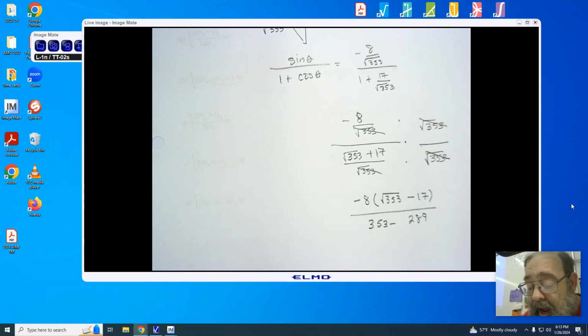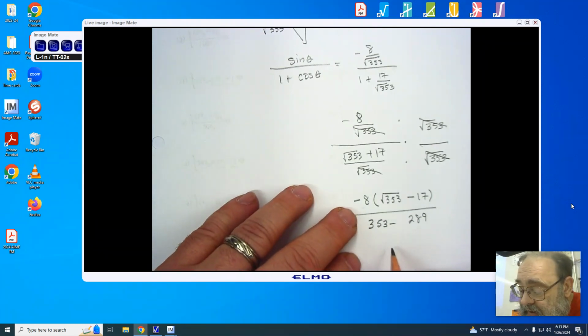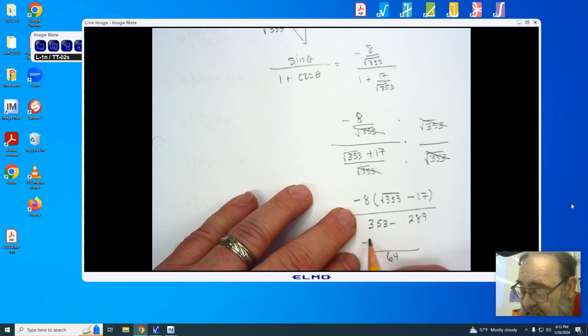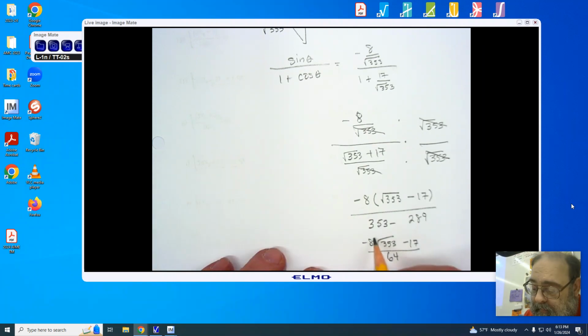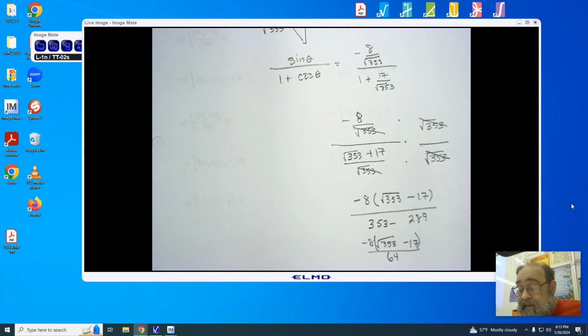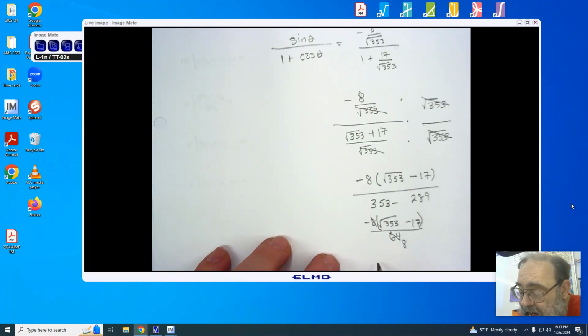And if I subtract, I end up getting a 64. I have a negative 8, square root of 353 minus 17. Now remember to put your parentheses or you might make a mistake. The 8 will reduce, and I'm now looking at negative square root of 353 plus 17 all over 8.